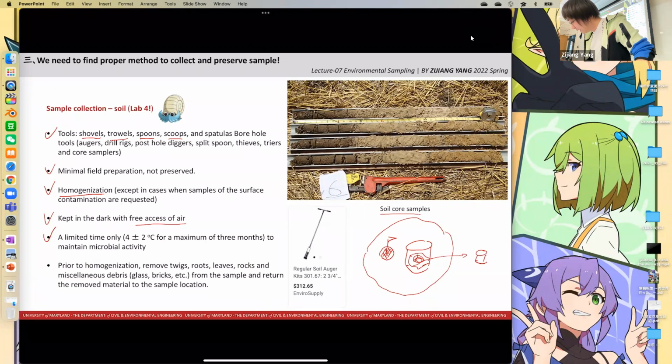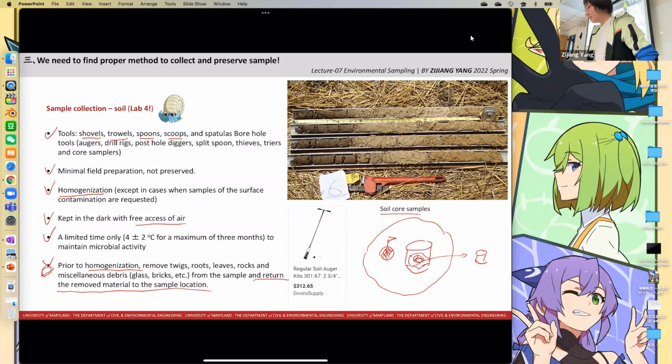Here it also says that prior to homogenization, we may remove other material like roots or leaves from the soil sample because we are only interested in the soil particles. Then we return the removed material to the sample location. If we have extra soil samples, we just dump them into the original location.